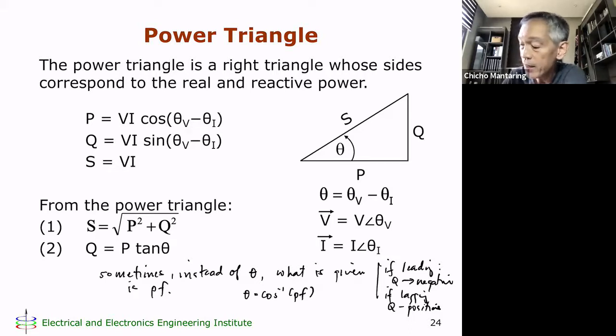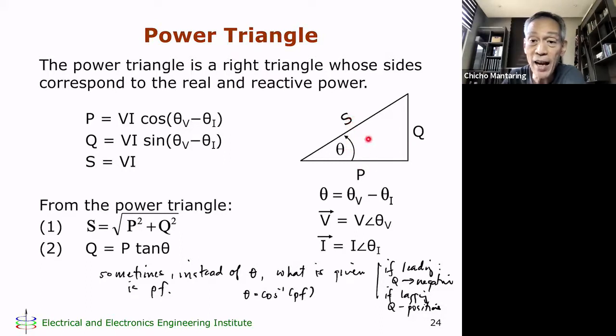But at the end, you just have to remember this triangle. If I know any two quantities in this triangle, I should be able to get the other two. In other words, if I know P and Q, I can determine S and theta.